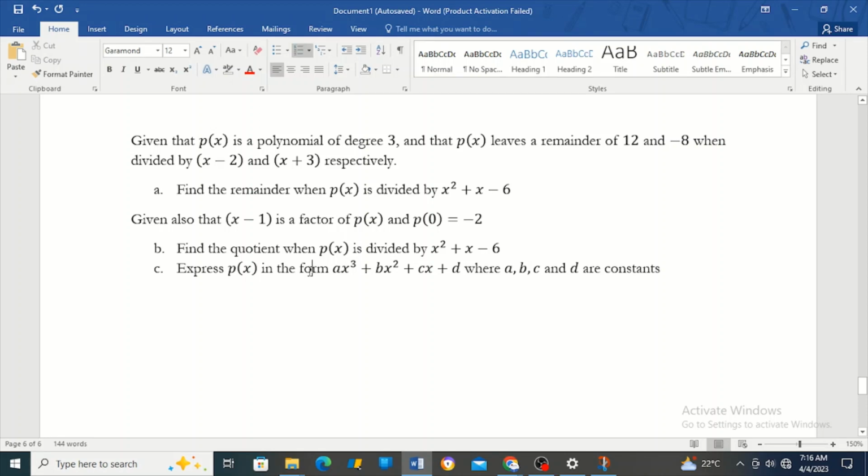So this particular question requires the students to actually understand the principle behind the factor and the remainder theorem. So I'm going to do a little bit of demonstrations here.